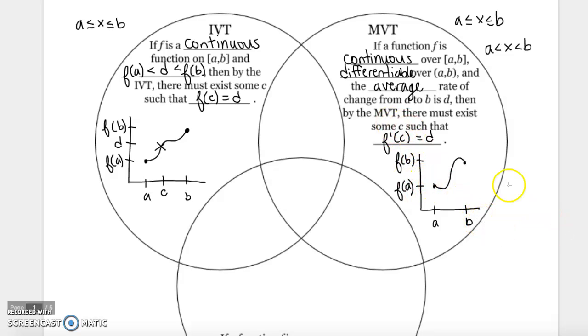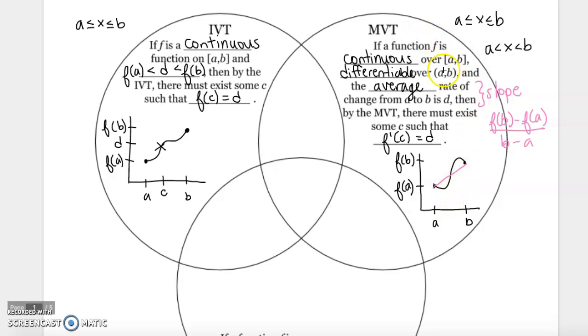And if I tried to calculate the average rate of change for that, the average rate of change would be the slope, or in actual mathematical notation, f of b minus f of a over b minus a. That's how you evaluate slope, right? y2 minus y1 over x2 minus x1. That's your slope of your secant line.